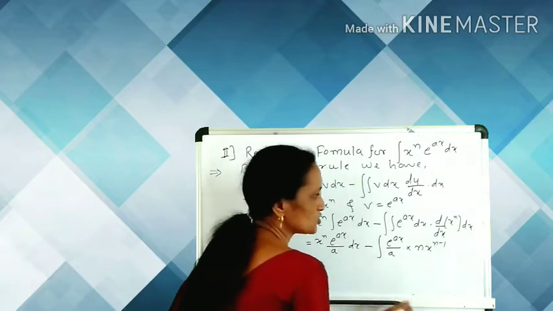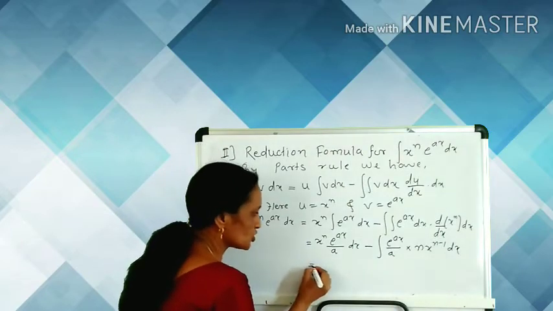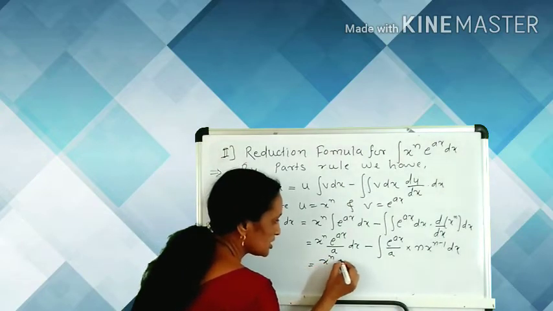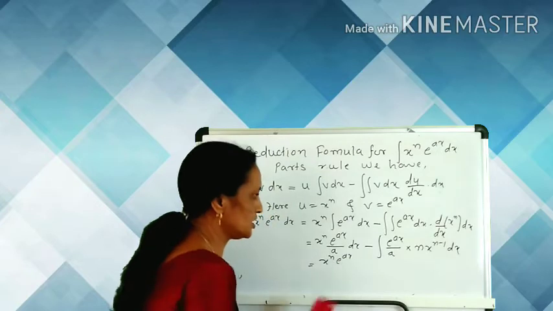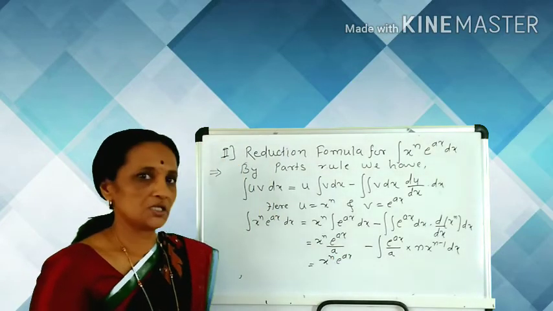So, x raised to the n minus 1 multiplied by dx. Here also we write the first term as the same, and the integral of e raised to the ax is e raised to the ax divided by a.